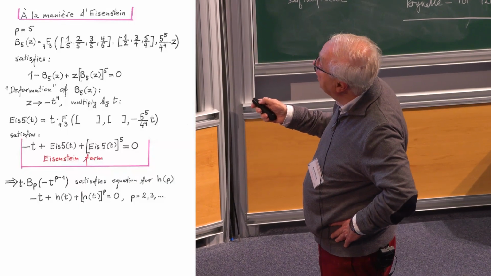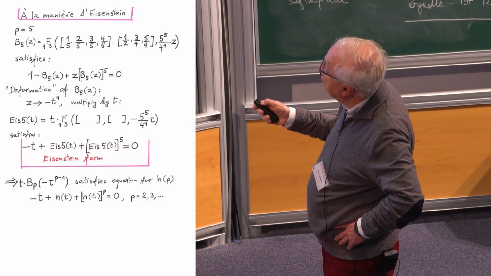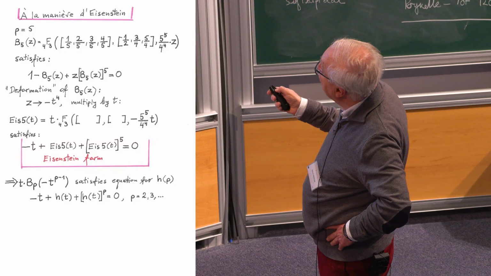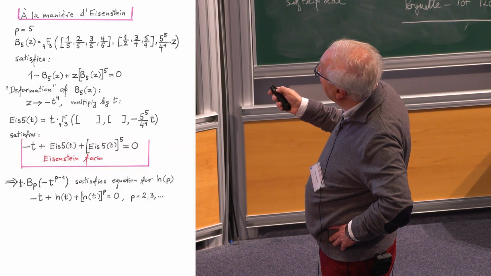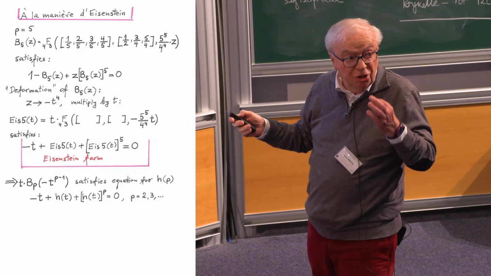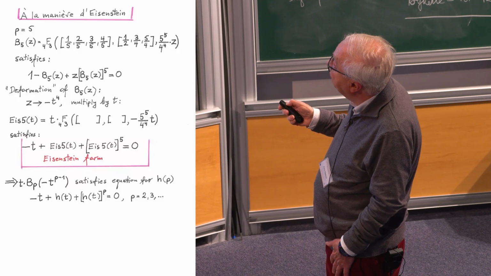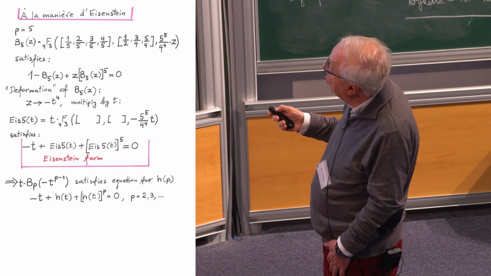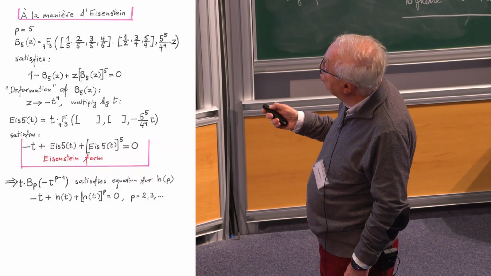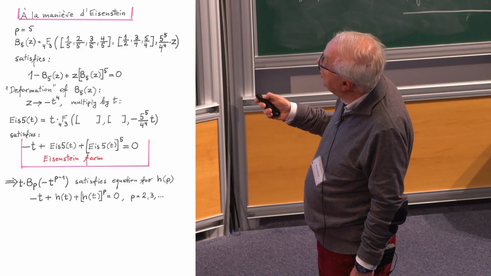If I take p equals 5, I have this solution b5 of z, which is written here. I don't take a fractional part because for calculations I don't need to do so. It's only for theory I need. Okay? So I calculate now. I have no calculations to do. I write down the functional equation of b5.